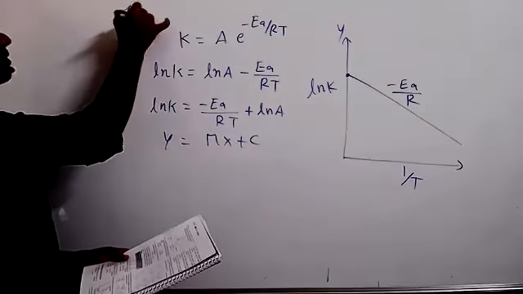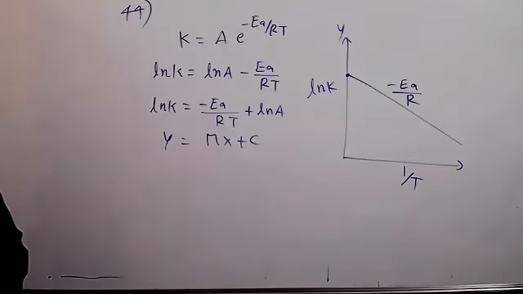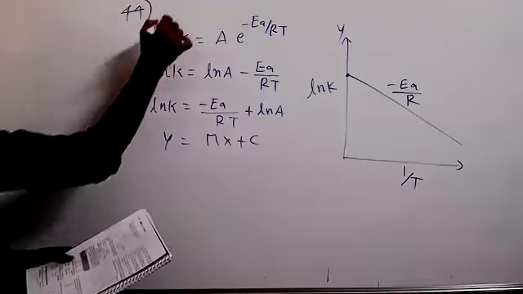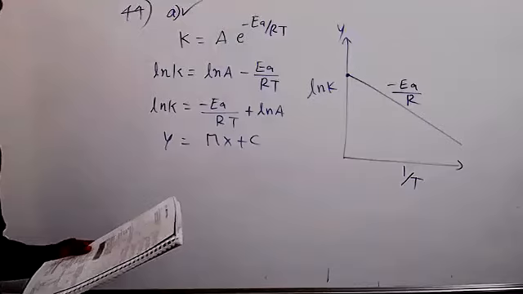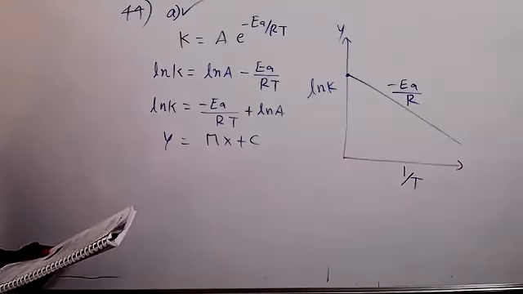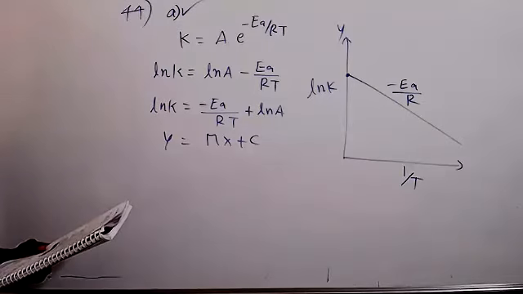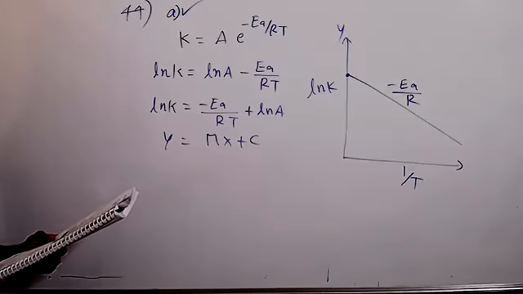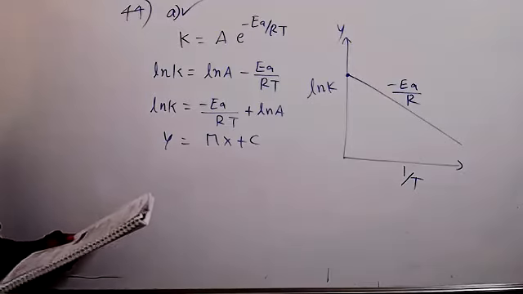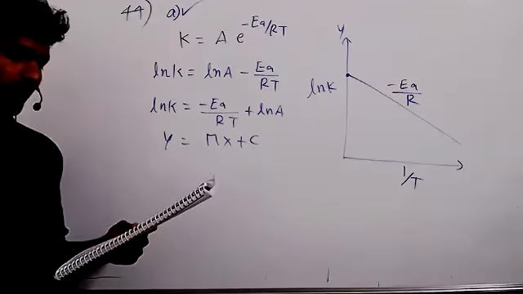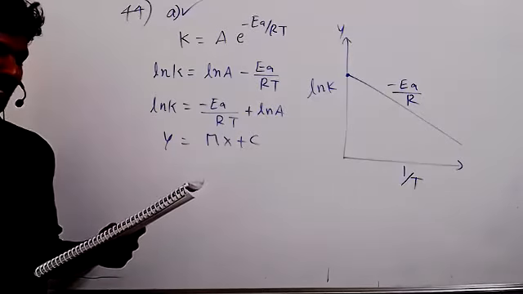44. Option A is correct. Next, 45. When a graph is plotted between ln k and 1 by T for a first order reaction, a straight line is obtained.